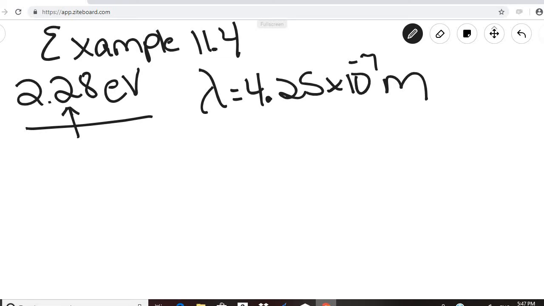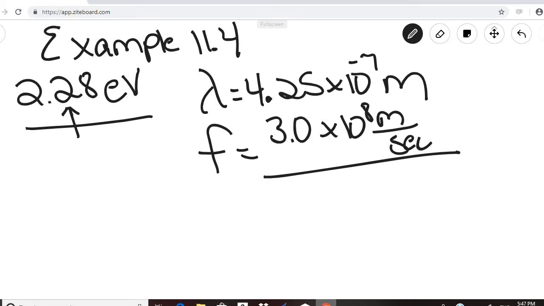So if this wavelength of light has more energy than that, then the difference will be in kinetic energy. Remember that the thing that determines the energy is the frequency. So let's figure out the frequency of this wavelength. 3.0 times 10 to the 8 meters per second divided by 4.25 times 10 to the negative 7 meters.